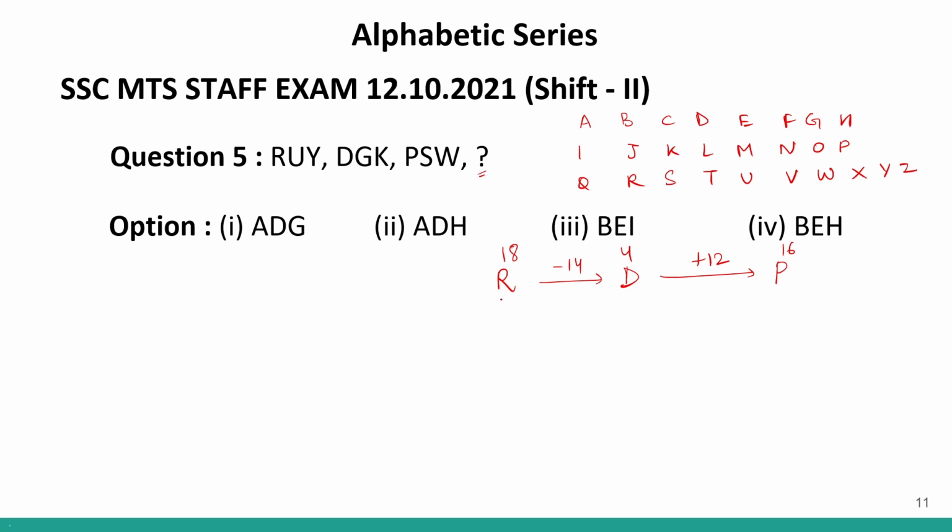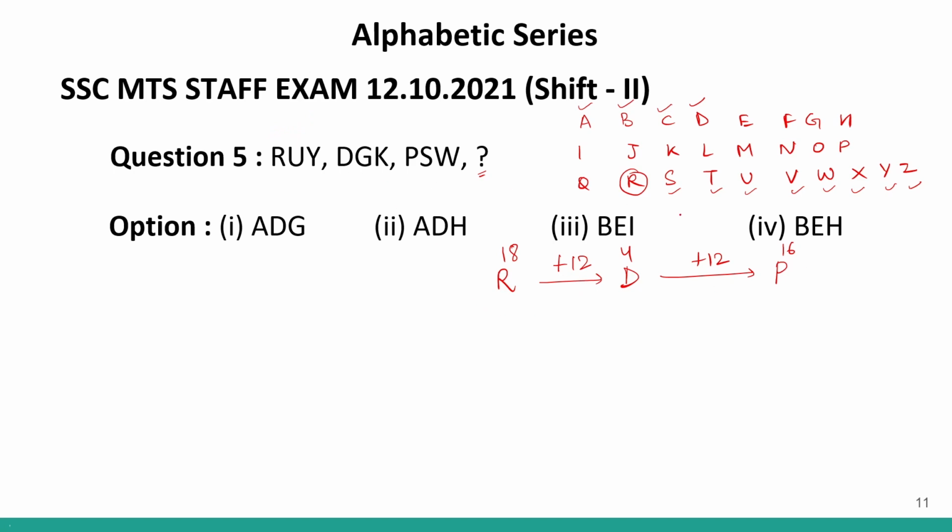So now if I'm moving forward, instead of going backward, from R to D, so this is my R. I will go 1, 2, 3, 4, 5, 6, 7, 8, 9, 10, 11 and 12. So I can write this as plus 12. Which concept? Looping concept. Correct? This is what we are doing. So based on the looping concept, this is plus 12.